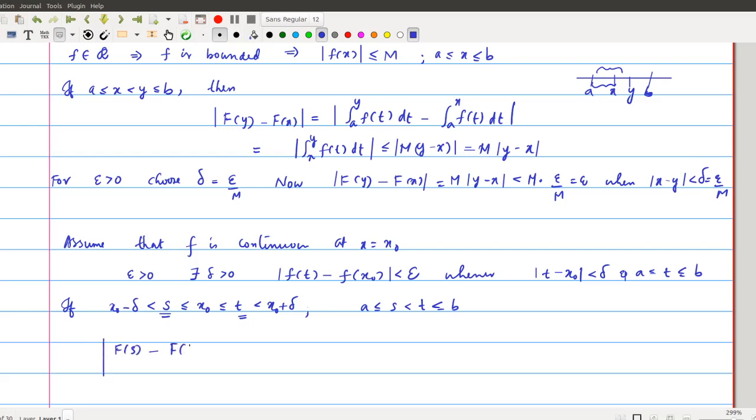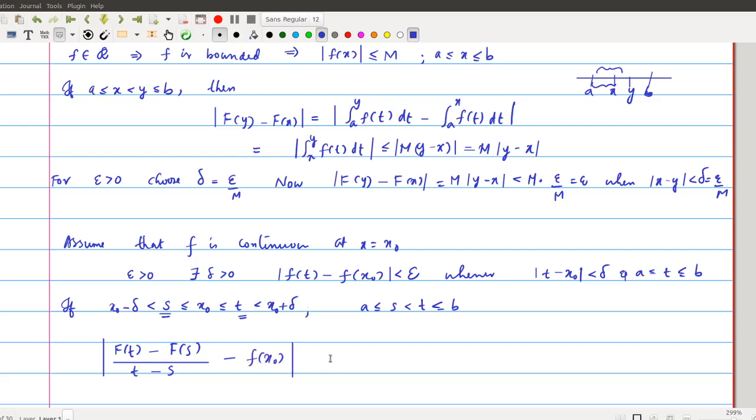Okay, we have chosen such s and t, and now we prove this: capital F of s minus capital F of t over s minus t. This is the divided difference formula. So we write it as t minus s because t is greater than s, so both will work anyway. So this is the quotient of F(t) minus F(s) over t minus s, minus f of x naught.